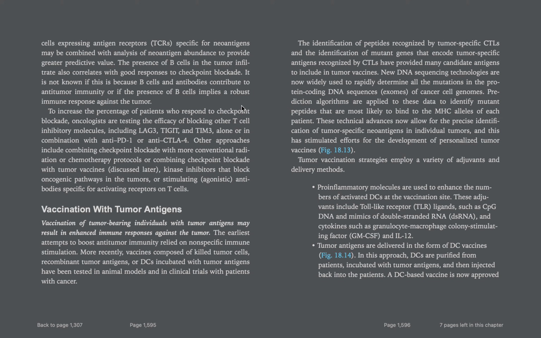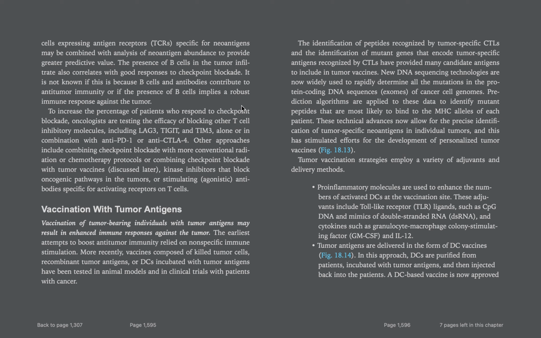Pro-inflammatory molecules are used to enhance the number of activated dendritic cells at the vaccination site. These adjuvants include toll-like receptor ligands such as CpG DNA and mimics of double-stranded RNA, and cytokines such as granulocyte-macrophage colony-stimulating factor.